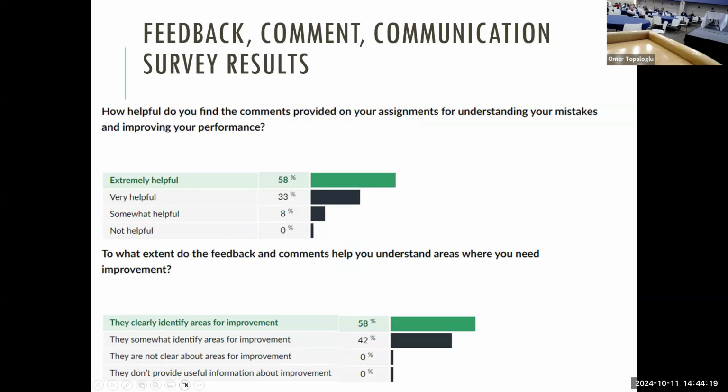And also the comments that I write for their assignments, they were also finding very helpful or extremely helpful. For the first one, that also gives feedback about their mistakes or some tips and tricks, how they can work on and improve their understanding for that course.